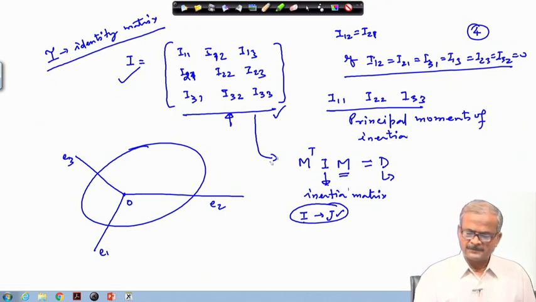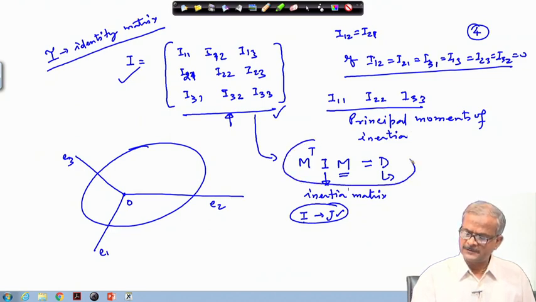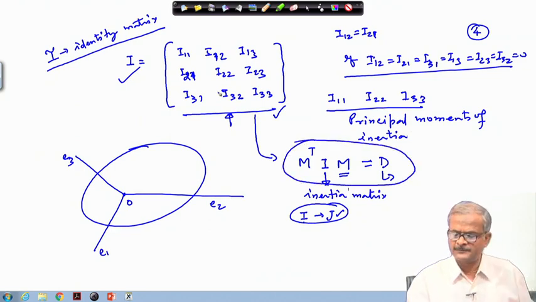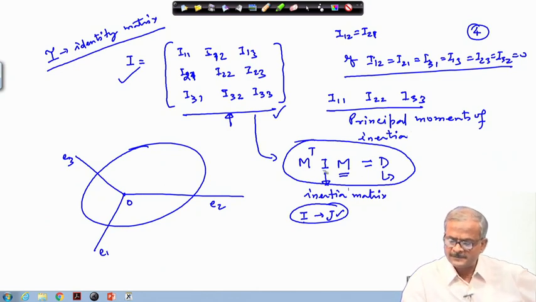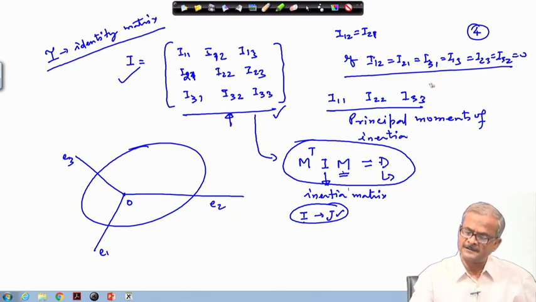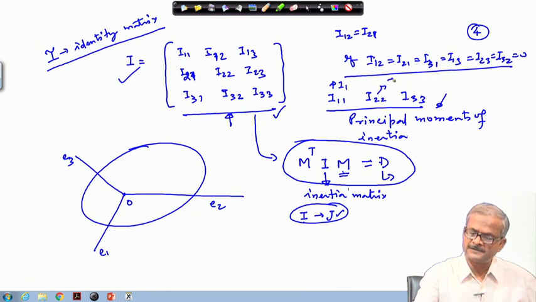So, I will write some points about the symmetric matrix, what its properties are. One of its properties is that it can be diagonalized, where M is an orthogonal matrix. If we diagonalize it, these diagonal elements are nothing but the principal moments of inertia, and in that case instead of writing I 1 1, we write I 1, I 2 and I 3.